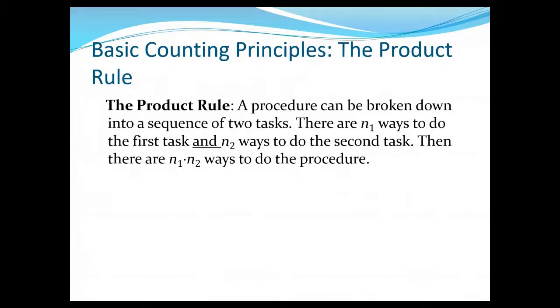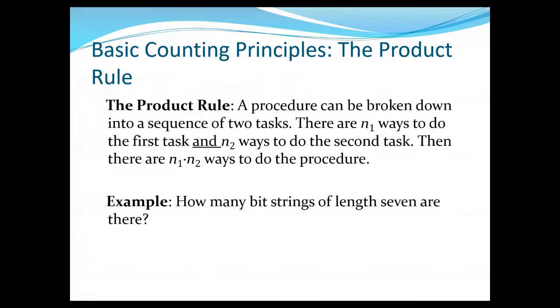For example, how many bit strings of length 7 are there? We're going to determine the count of 7-bit strings, the number of distinct 7-bit strings. We all know that a bit can only be represented using 0 or 1.